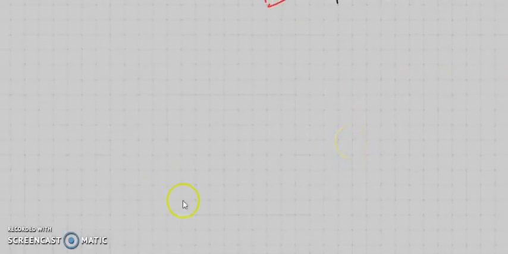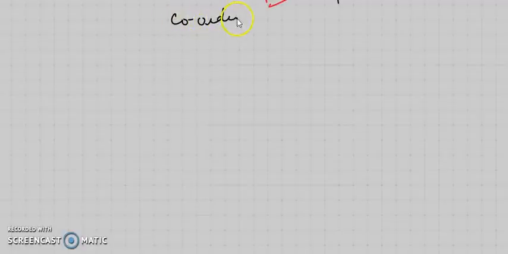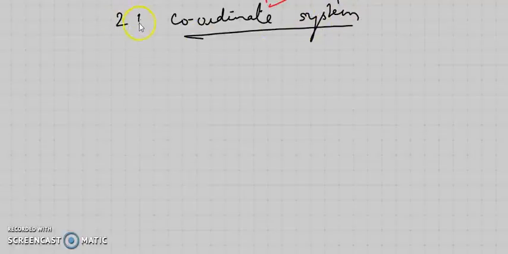Whenever I want to start with transformations, the first thing that I should understand is something about the coordinate system. As we are dealing with 2D, it is a two-dimensional coordinate system.